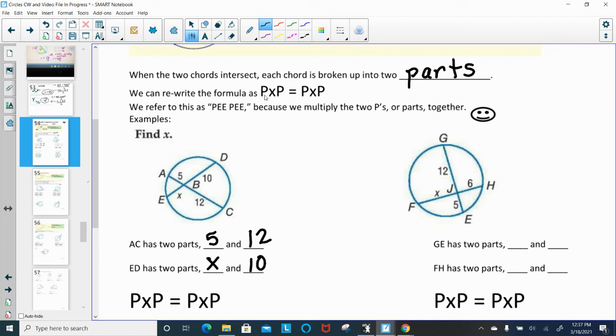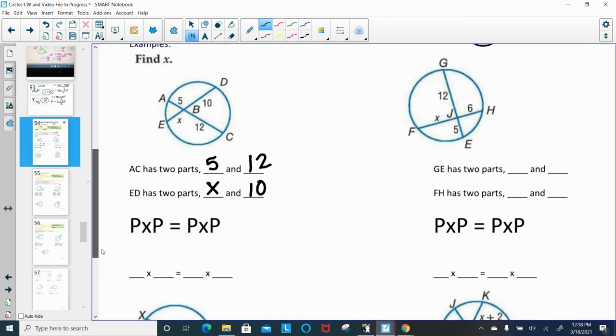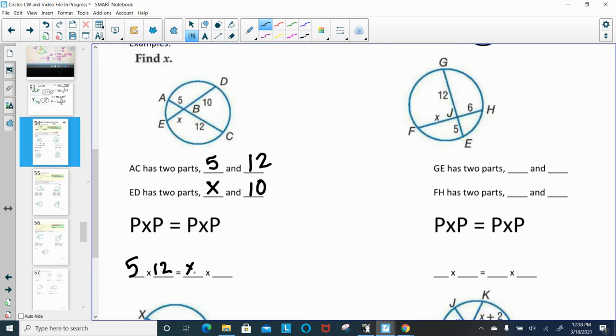So we know the part and the part for the first segment. We know that's 5 and 12. And we know the part and the part for the second segment, that's X times 10. So we're going to plug those into the formula. Part times part equals part times part.